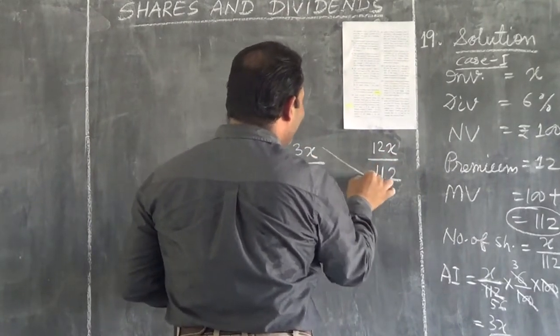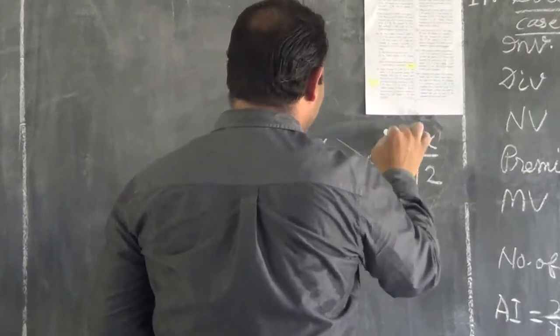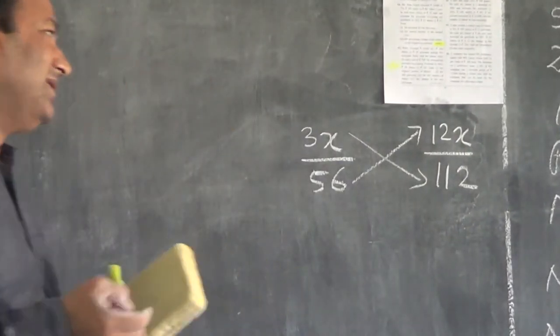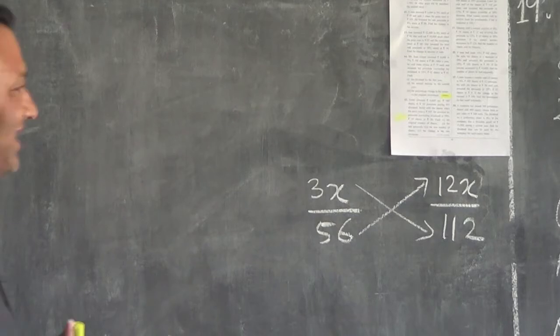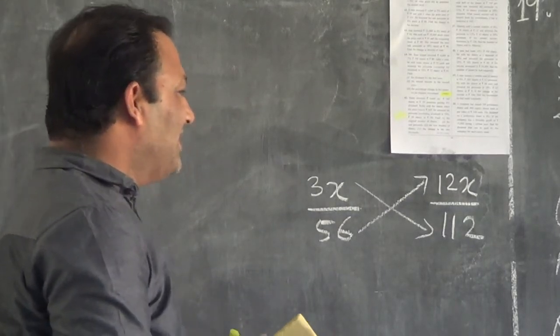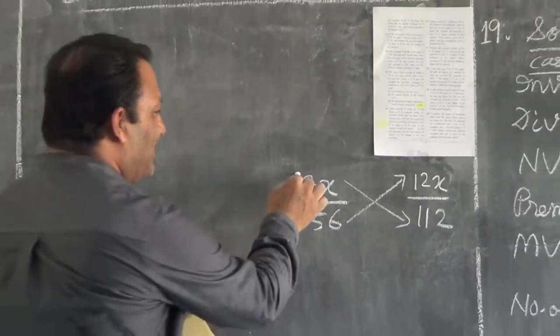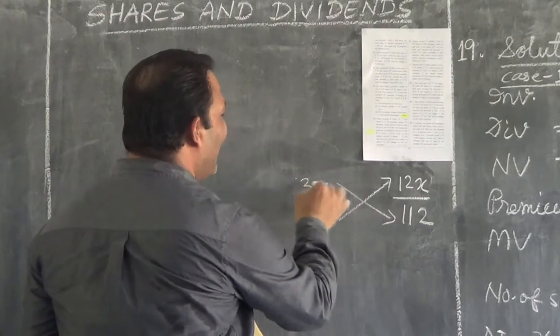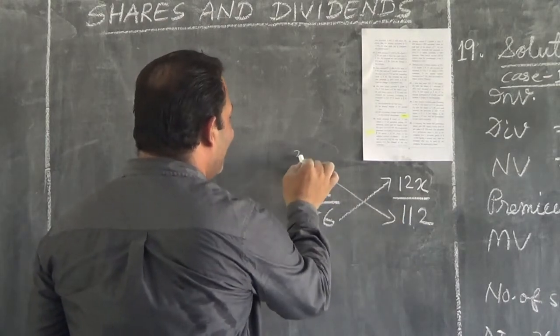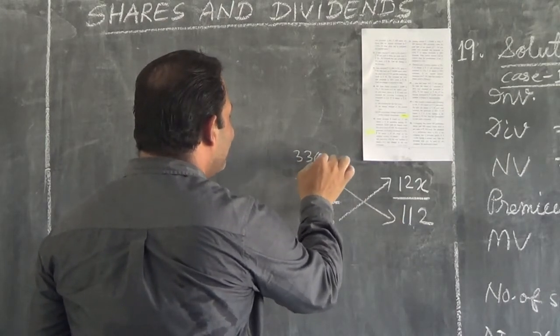And I will use the knowledge I got earlier. 3 into 112, and I will get how much? 336x.